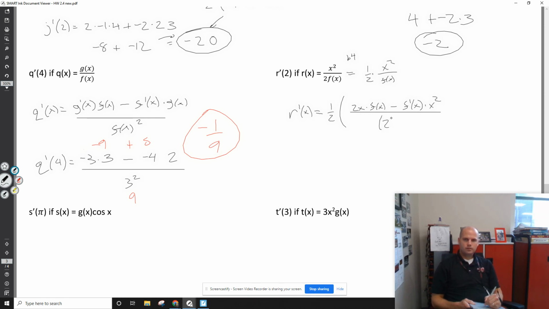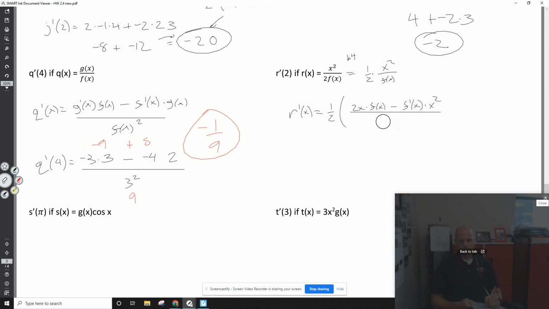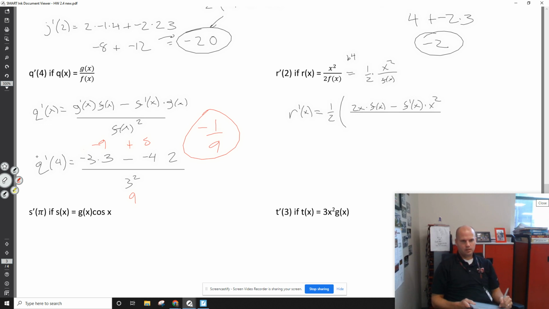Wait, I just made a mistake. The bottom is just f of x. I've left out the 2. This 2 comes from the derivative of x squared, okay? Derivative of x squared, 2x. Derivative of the top times the bottom, minus the derivative of the bottom times the top, all over the bottom squared. The 1/2 is out.